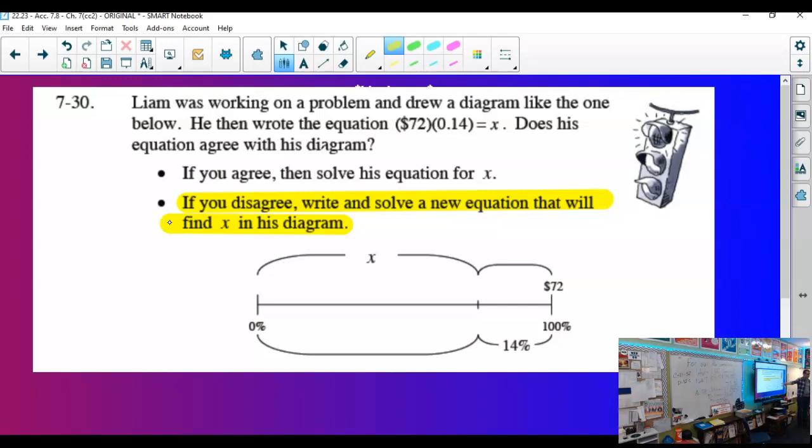His diagram is what he's supposed to be working with. The question is, what he wrote, is it correct? And if not, how do we fix it? So talk with your partner. How do we find X here? And you could copy down the diagram to get you started.